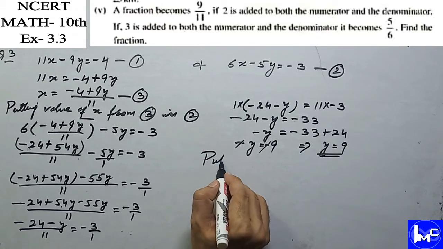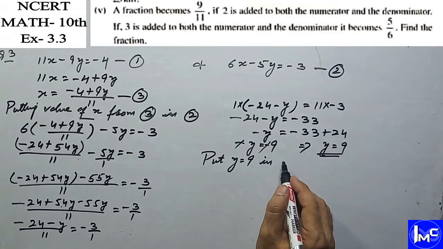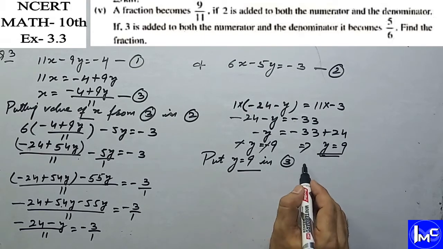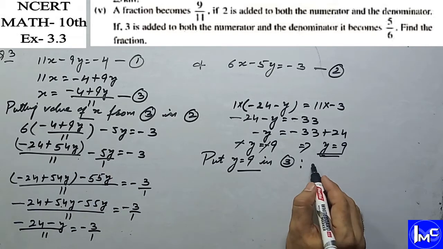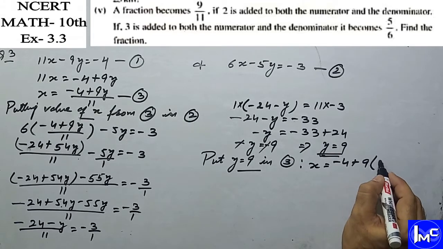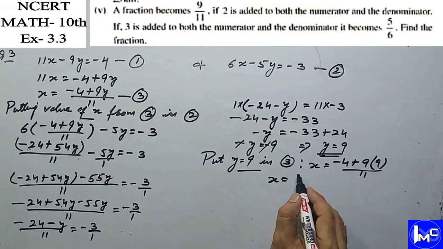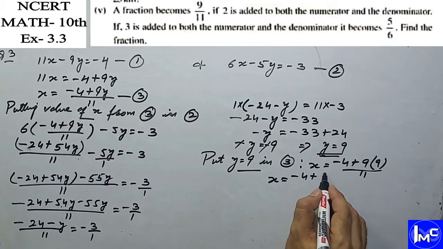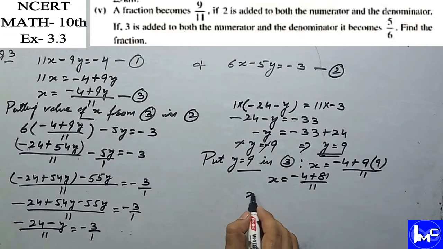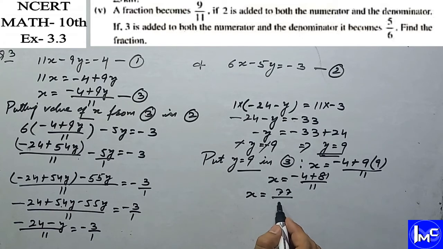Now put y is equal to 9 in equation number 3, and that will be x is equal to minus 4 plus 9y over 11, and y is 9, so x will be minus 4 plus 9 9s are 81 over 11, and hence x is equal to 81 minus 4 is 77 over 11, and this will be 7 here, and this is the value of x.